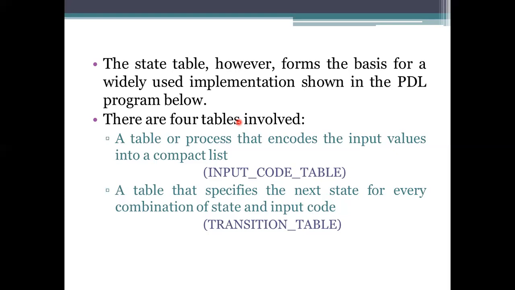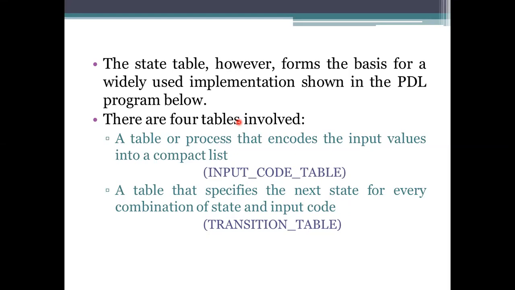Coming to the second table, this indicates the transition. I will start from the first state, so from where to where I have to go to achieve the functionality of the program will be provided by the transition table.